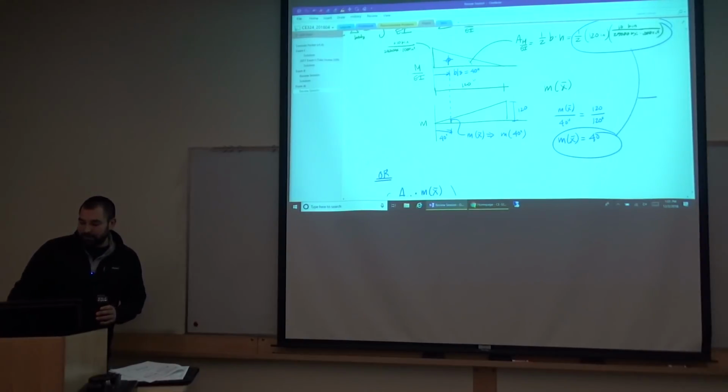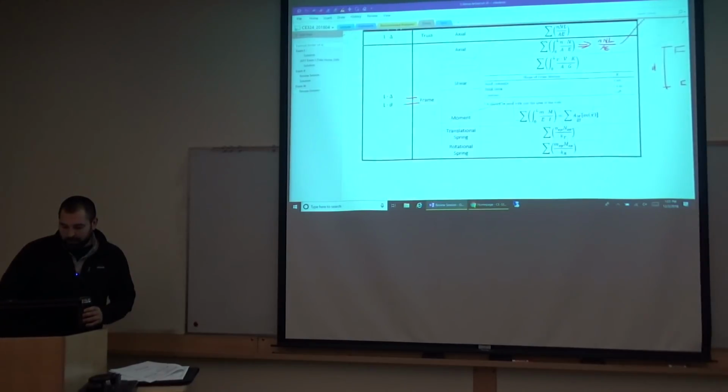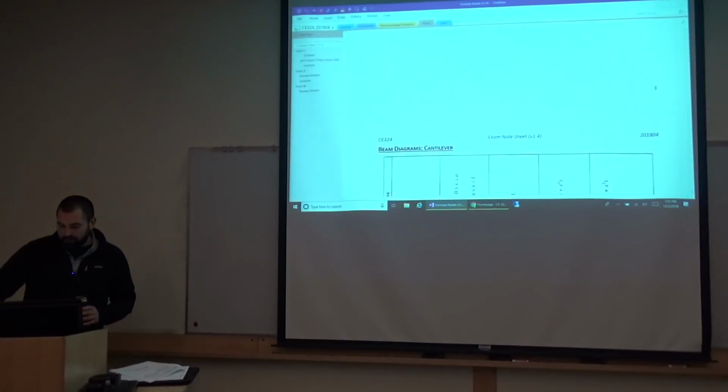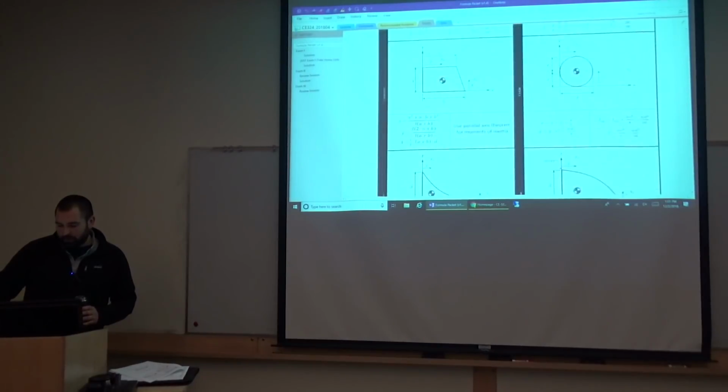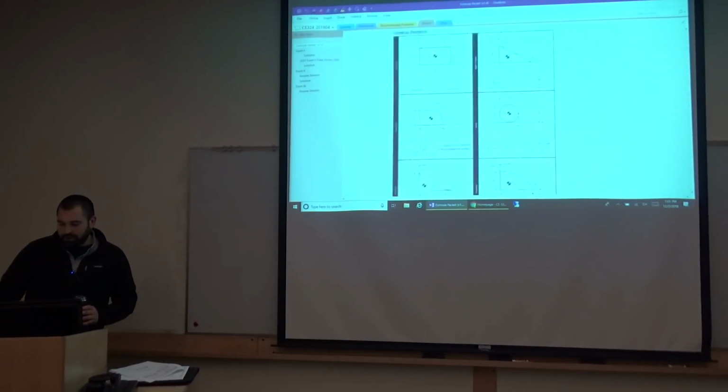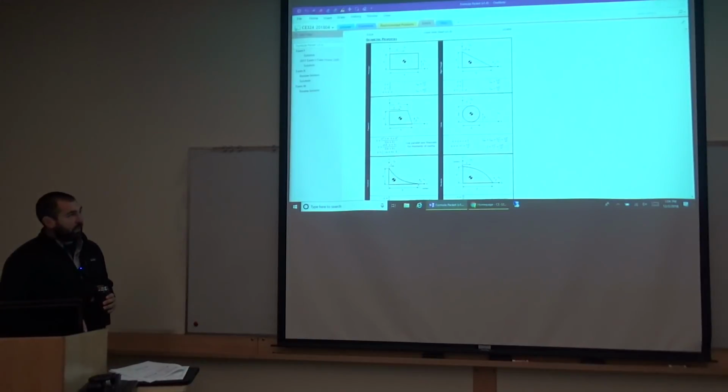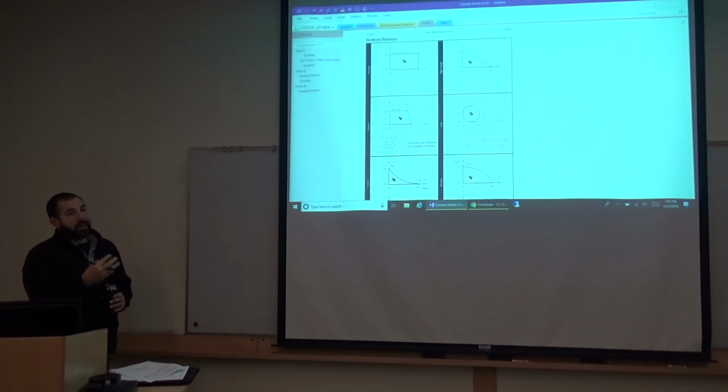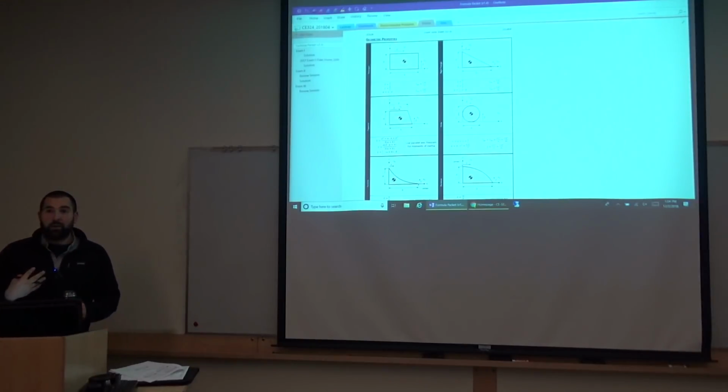The other pitfall that I see would be if you go to the exam packet and you go to the properties of these shapes, another common issue is that people try to, let's say, use one of these shapes here for a cubic graph.